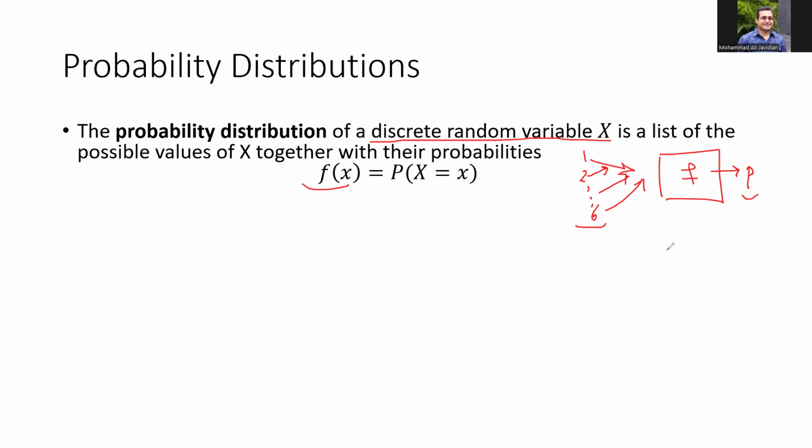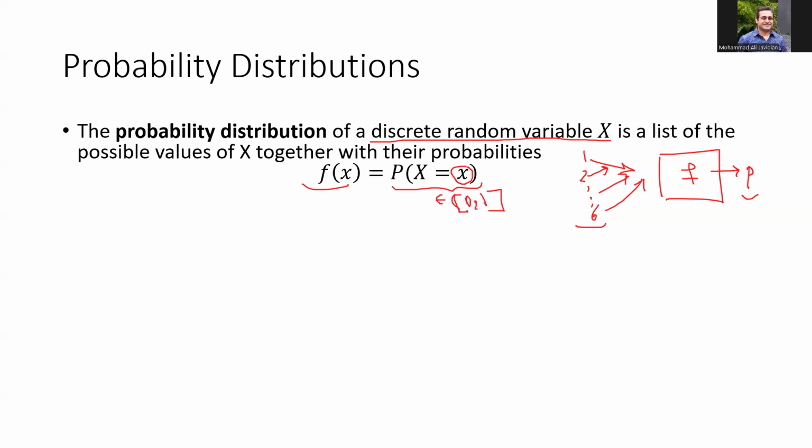And the probability of a discrete random variable x that takes the value of lowercase x, you can think about it as a function that maps this x to a number between 0 and 1. Yeah? You remember that based on the Kolmogorov's axioms, this is a number between 0 and 1.